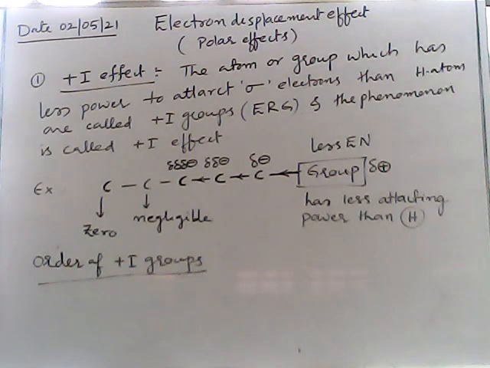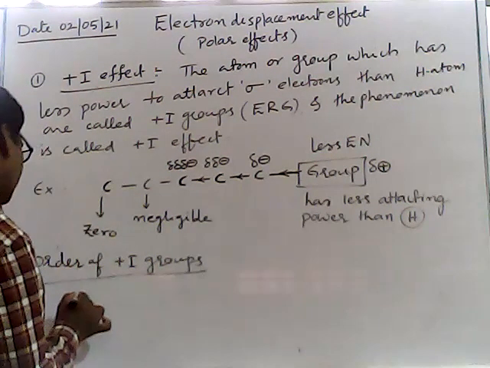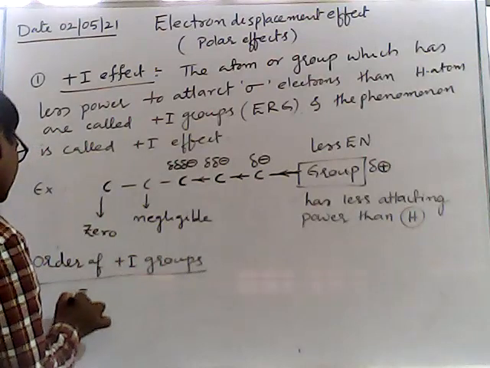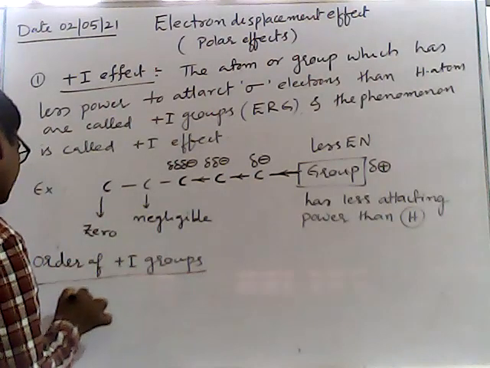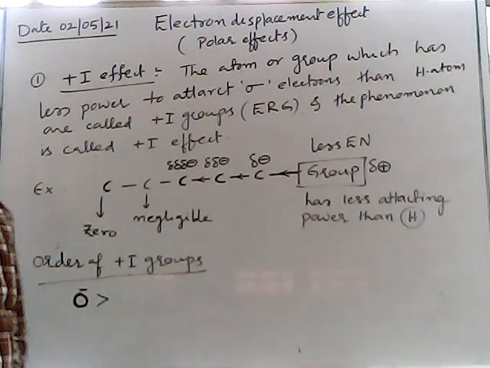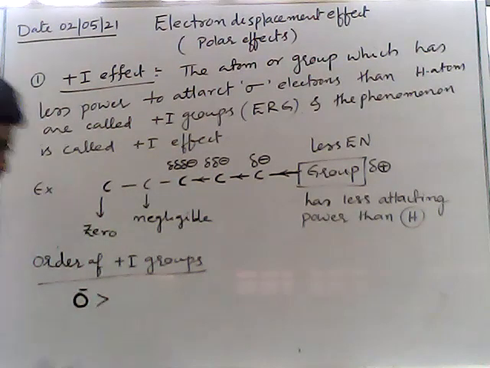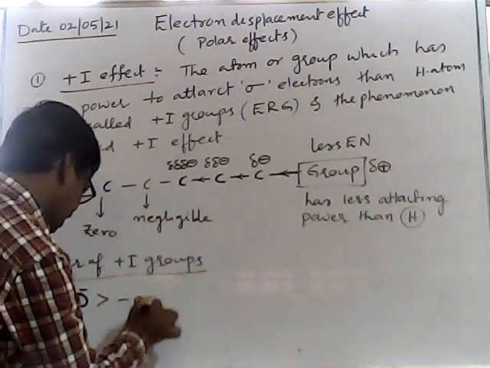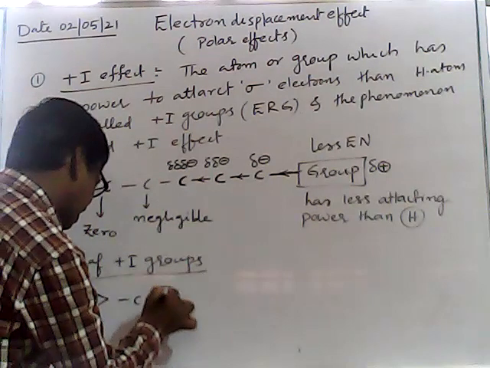Generally, just now I told all alkyl groups have more plus I nature, or alkyl groups are electron donating groups. But the first group I am writing is O minus. On oxygen, if negative charge is there, it is the group with the most plus I nature. Then after that COO minus, this is carboxylate ion.